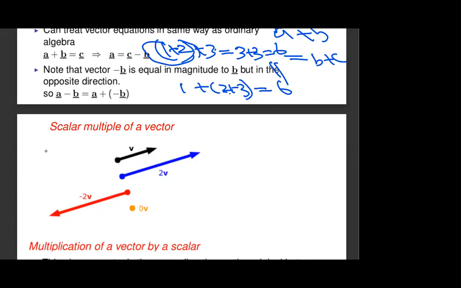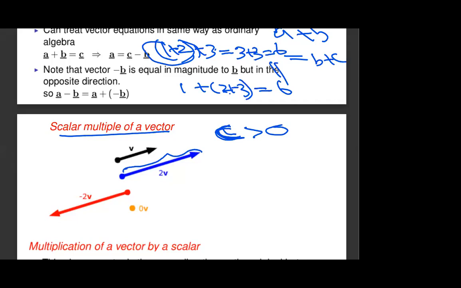So when you multiply a vector by a positive scalar, let's say C is a positive scalar or real number, the direction does not change, but its magnitude will change.